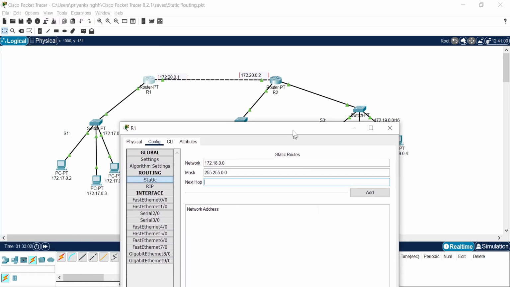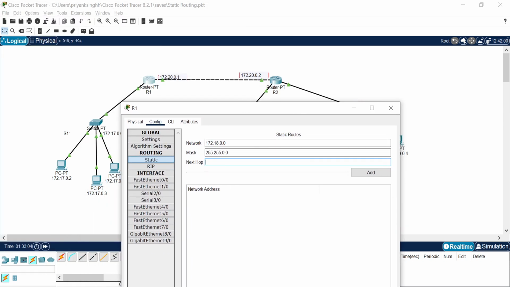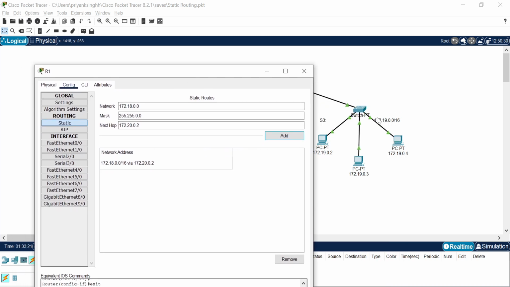In this case, our next hop value is 172.20.0.2. So this is our next hop IP address. I have to add this one over here. In a similar manner, I have to enter an entry for the 172.19.0.0 network also. I have simply changed 18 to 19 and added this one. So I got two entries at router 1.